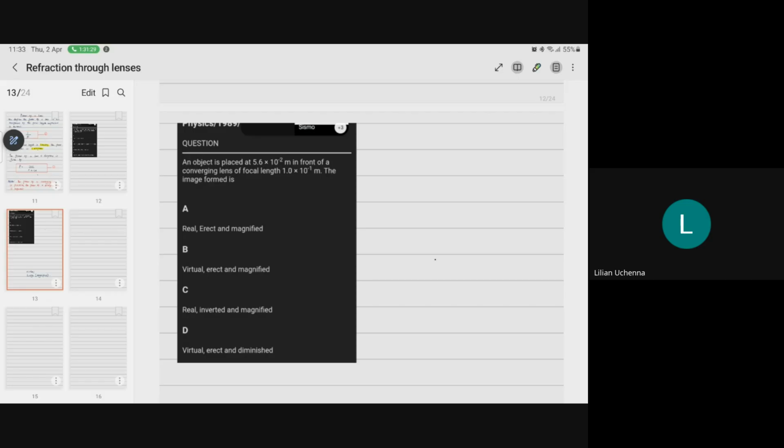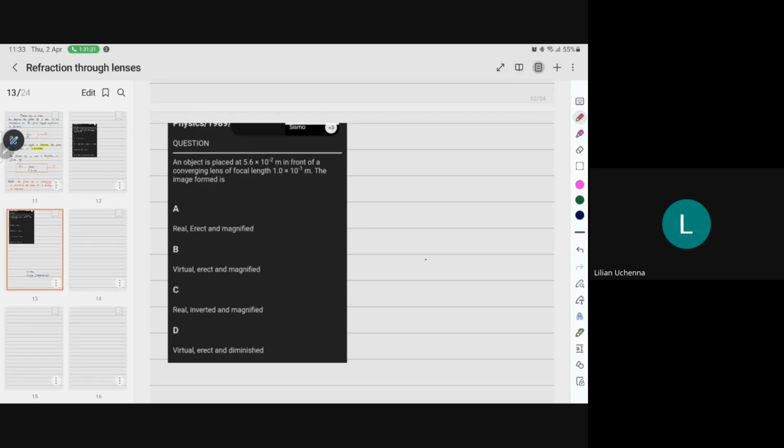So now, Lillian, you are correct, because no matter where the object is, the keyword here is that this is a converging lens. So no matter the position of a converging lens, the image is going to be virtual, it's going to be erect, and it's going to be diminished. That's a good one, and you didn't even take time to answer it.